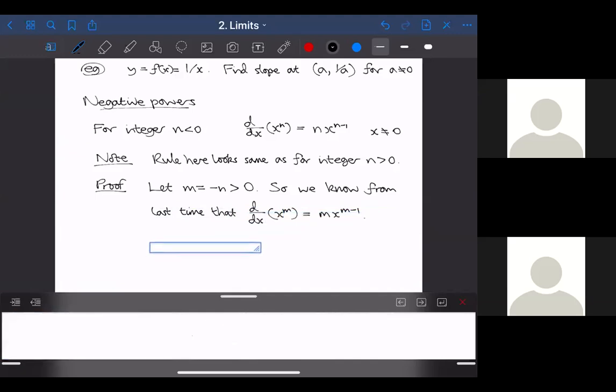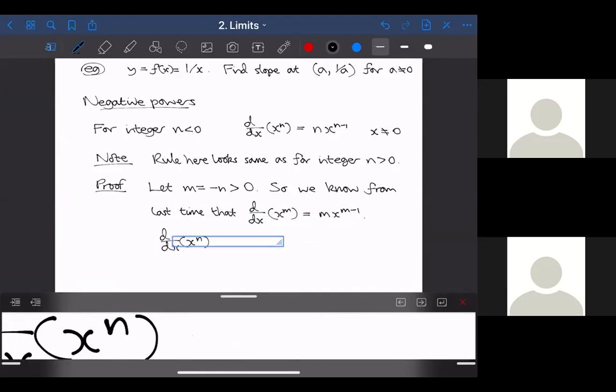But we want to calculate d by dx of x to the n where n is negative.